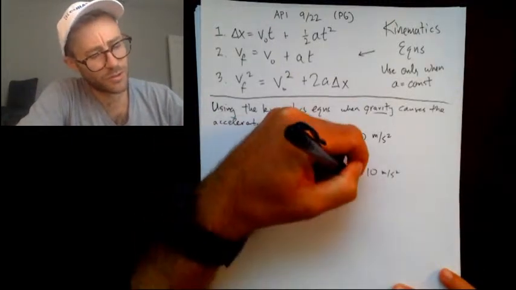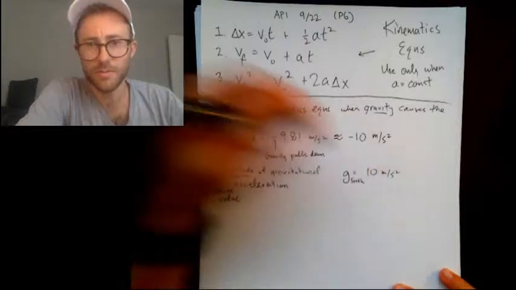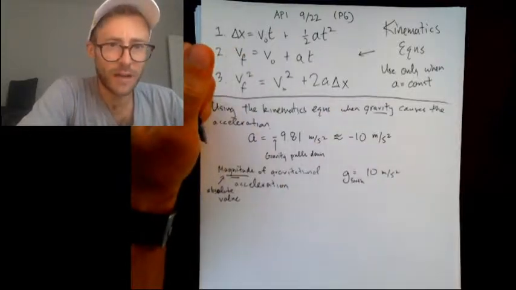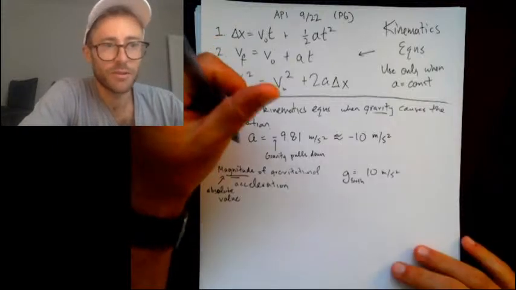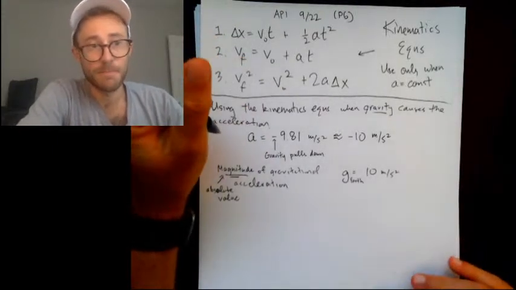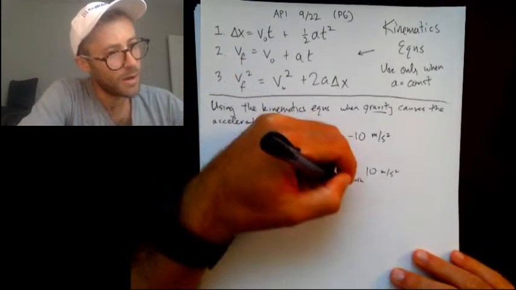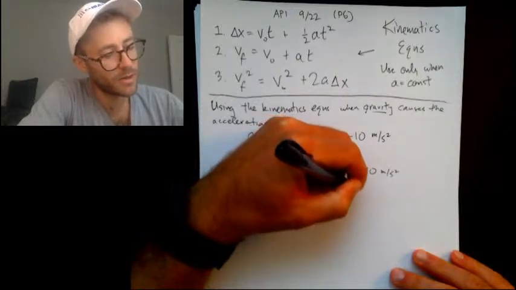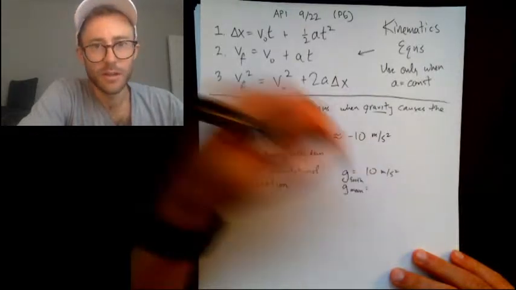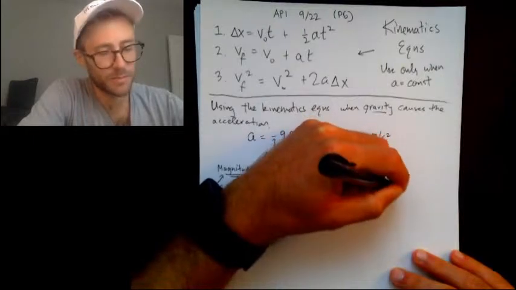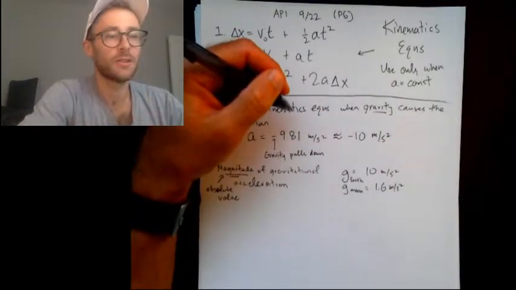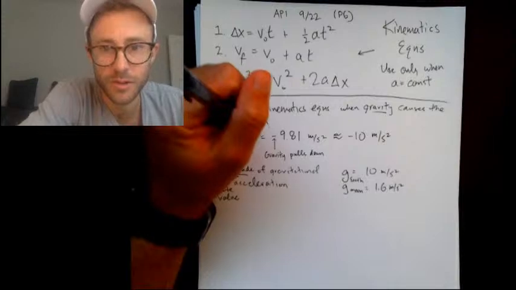This is, of course, the acceleration due to gravity on Earth. If you go to other astronomical bodies within our solar system, the gravitational acceleration is different. For example, gravity on the Moon is only 1.6 meters per second squared, about 1/6 what it is on Earth.